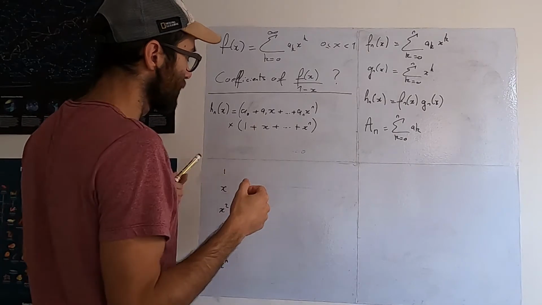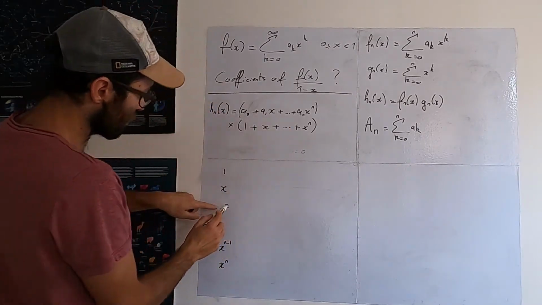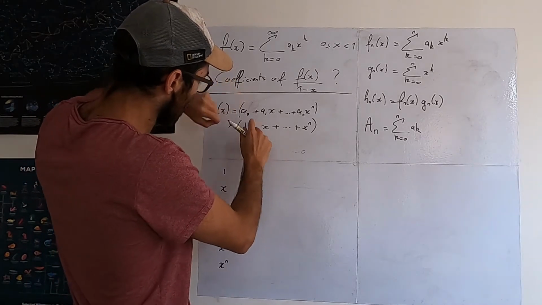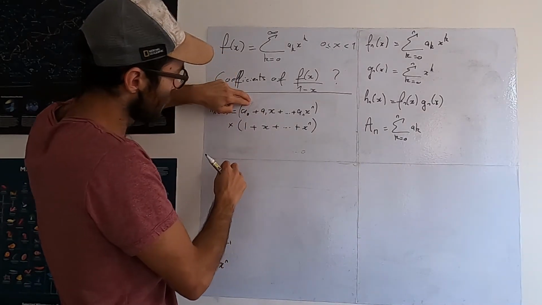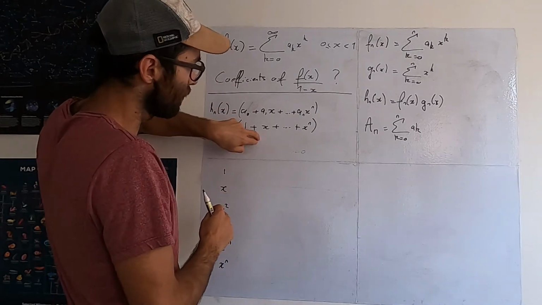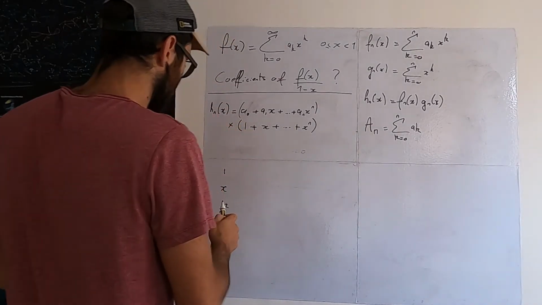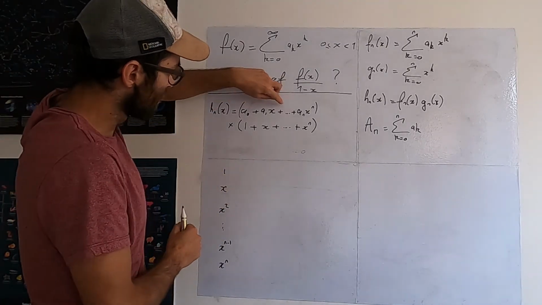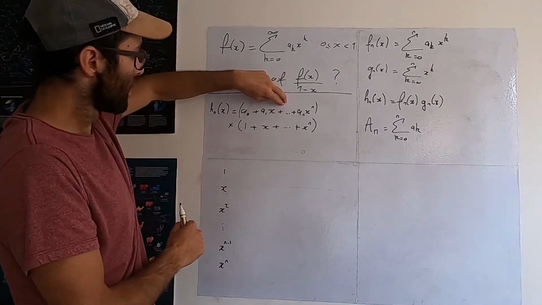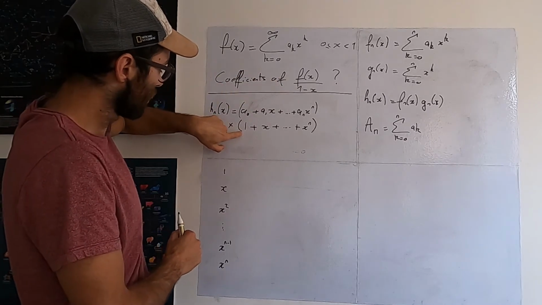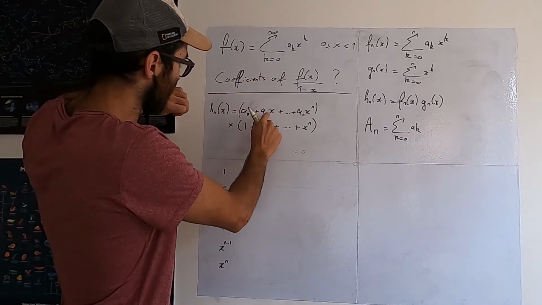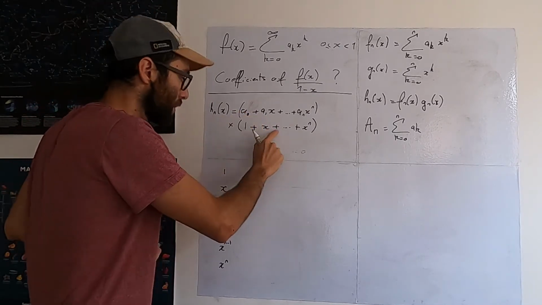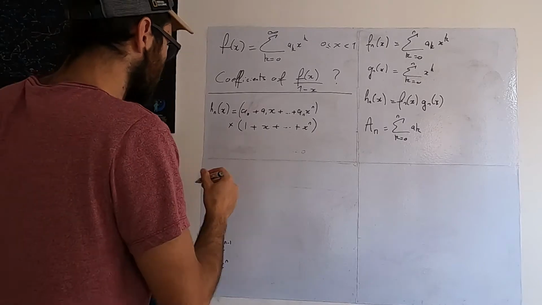The coefficient in front of x power k is whichever terms here where the power coming from the top plus the power coming from the bottom is equal to k. If I want the coefficient in front of x2, it's either going to be the term in front of x2 times the term 1, or the term in front of x times the term in front of x, or the term in front of 1 times the term in front of x2.